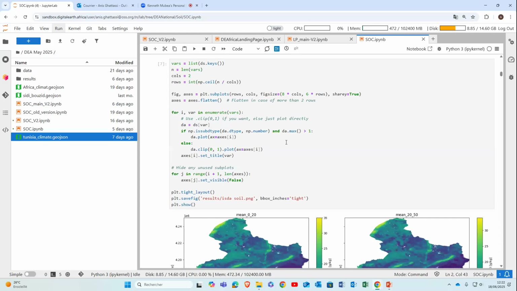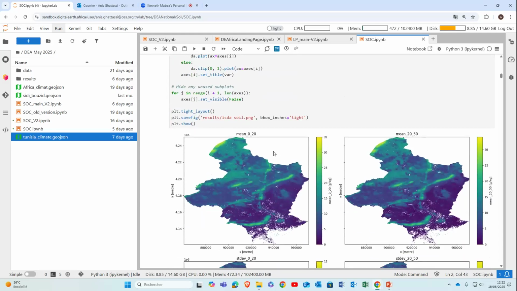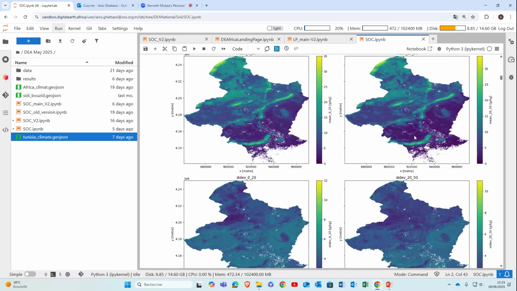For this part, we called the data for the organic carbon, which is represented in two depths here. The first is from 0 to 20 centimeters of depth. The second one is from 20 to 50 centimeters of depth.